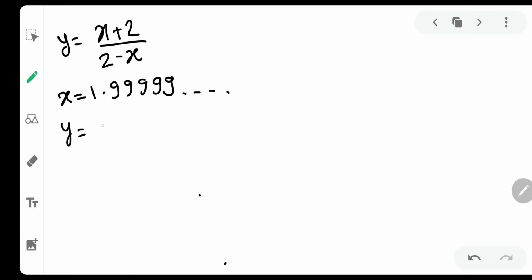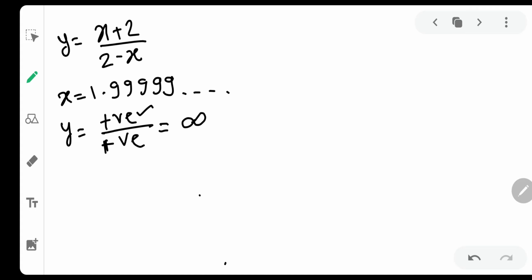Sorry, the denominator is positive. Very sorry, 2 minus 1.9999 will be 0.000001, which is a positive number, and the numerator is definitely a positive number, 3.99, but the denominator is actually very close to 0, hence it will give you the answer as infinity.